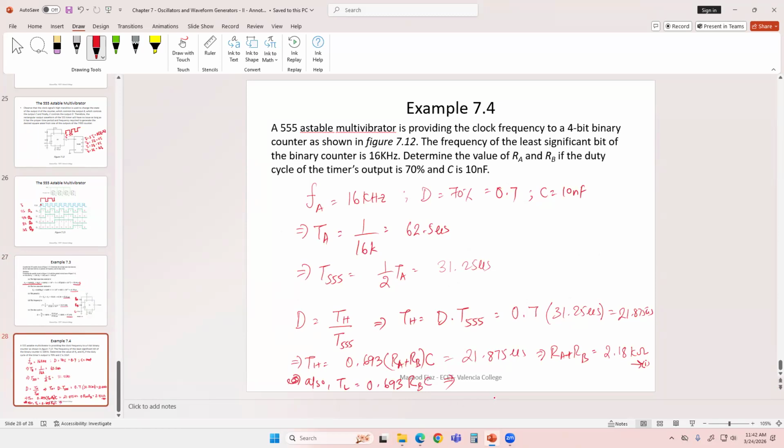Since we know the total time is 31.25 microsecond and the high time is 70%, the low time is going to be 30% of the time period, 31.25 microsecond. From that we can find RB: TL over 0.693 times C. Calculate that RB. And once you have RB, then you can go to equation number 1 and calculate RA.